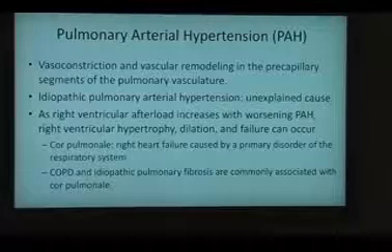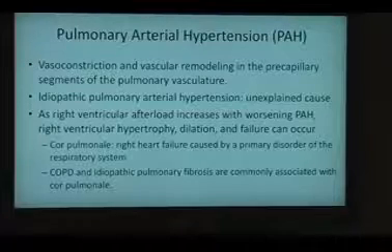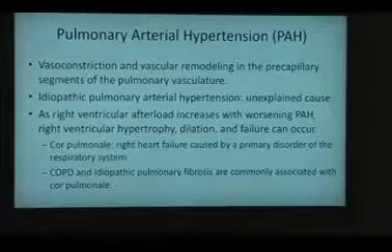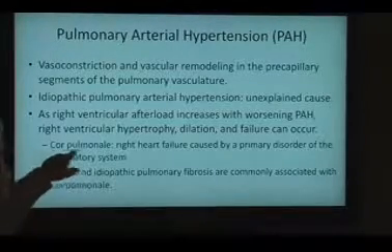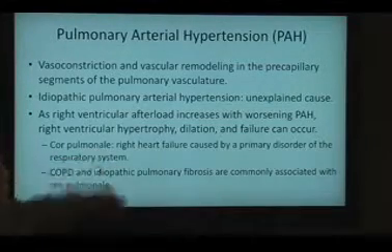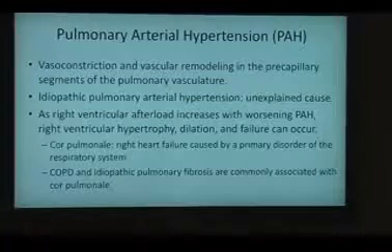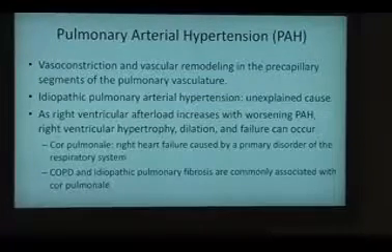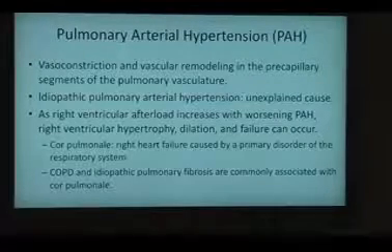And as right ventricular afterload increases with the worsening of our pulmonary arterial hypertension, right ventricular hypertrophy, dilation, and failure can occur, and that is what we refer to as cor pulmonale, which is right heart failure caused by a primary disorder of the respiratory system. So, right heart failure due to a problem within the lungs.